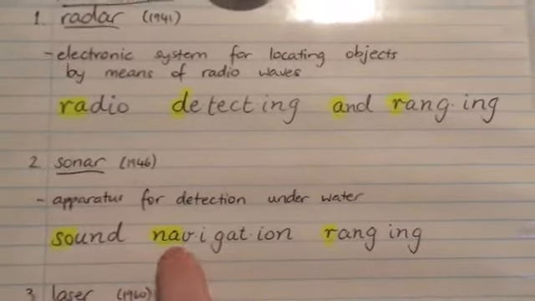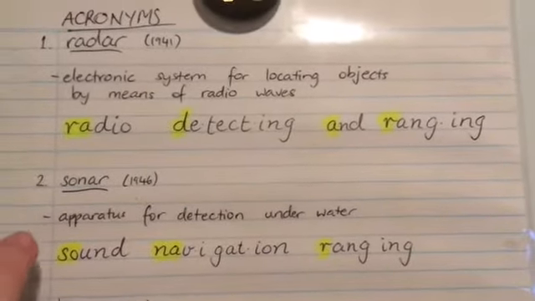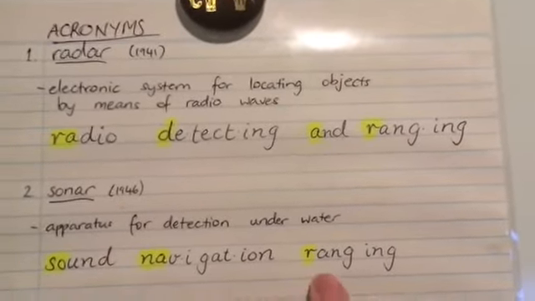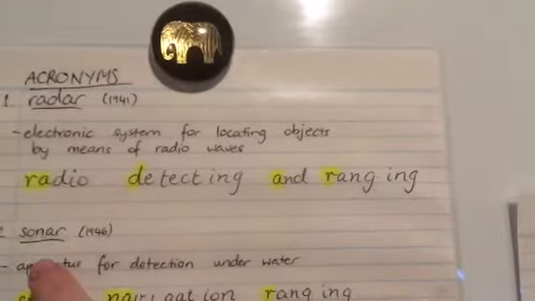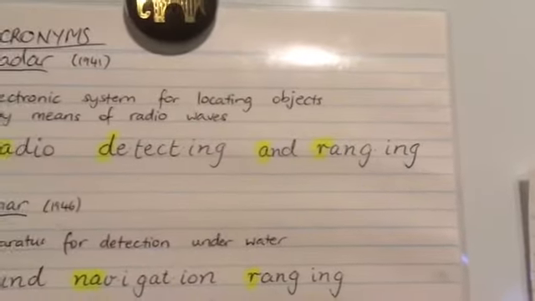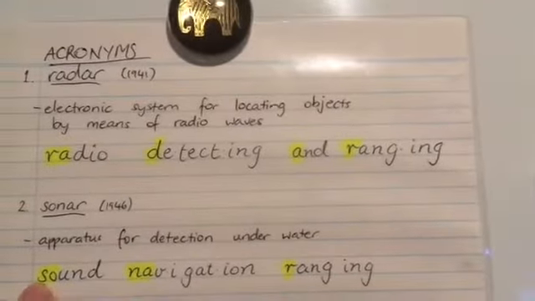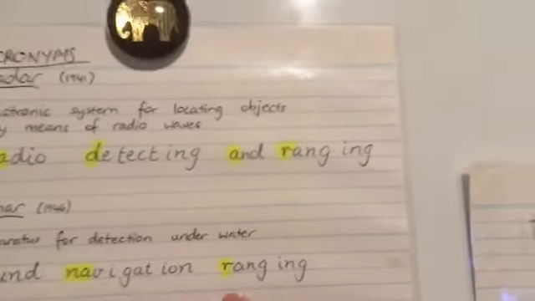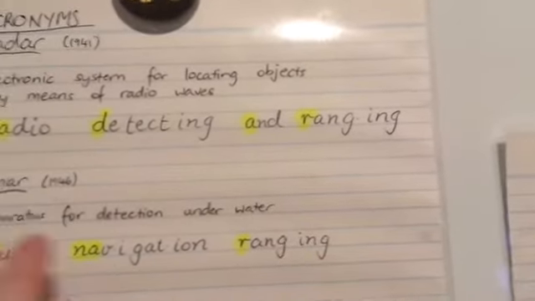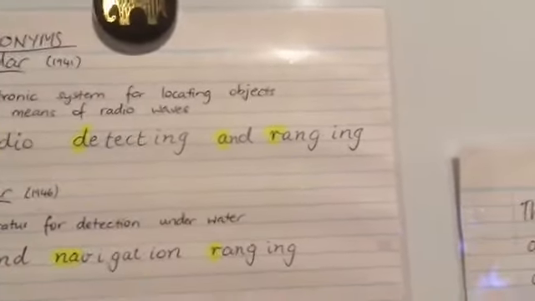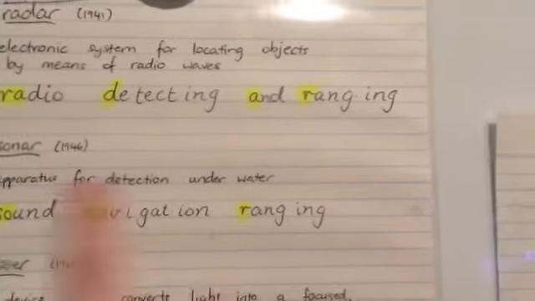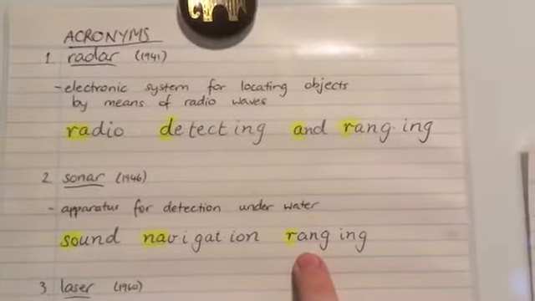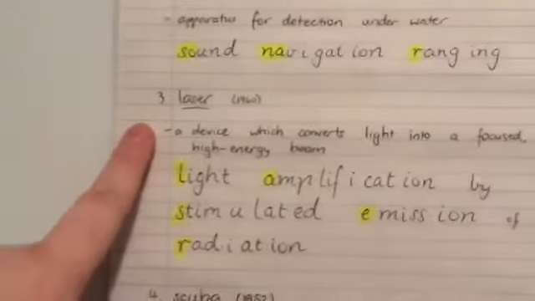And that is that word, sonar, has been invented by comparison with radar because they do similar things. And you couldn't really make a word that was just SNR because it wouldn't have any vowels in it. It's not a word. If it was SNR, sound navigation ranging, then it would be an initialism, but I think it's much nicer to be able to say sonar. So they've cheated a little bit, but I think we can still call it an acronym.